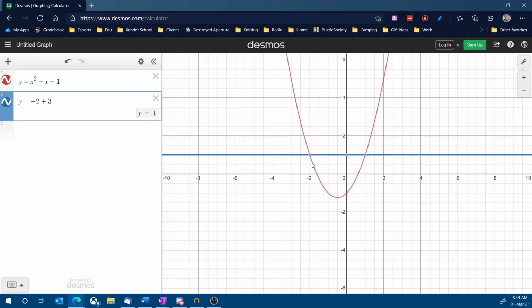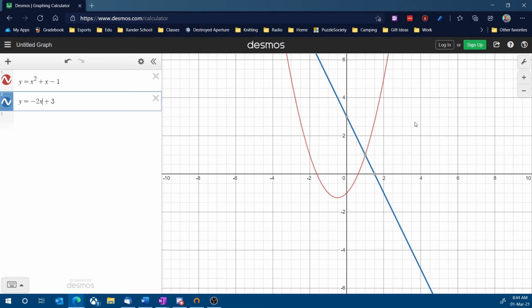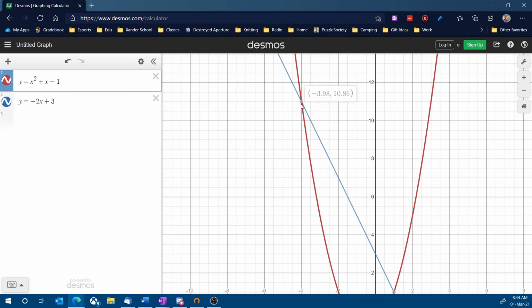And our two solutions we said were -4. Did I type something in wrong? X squared plus x minus 1. Oh, yes, I did. That makes way more sense. All right, 1, 1. And my other one is -4, 11, which that's on the other screen.